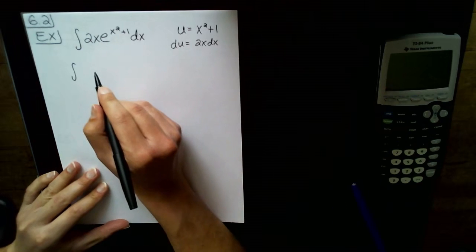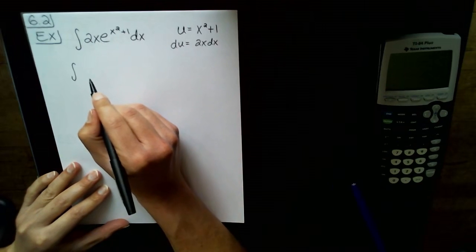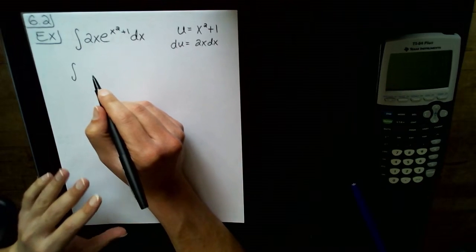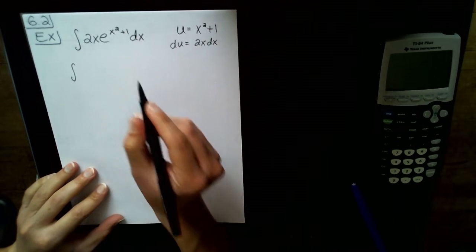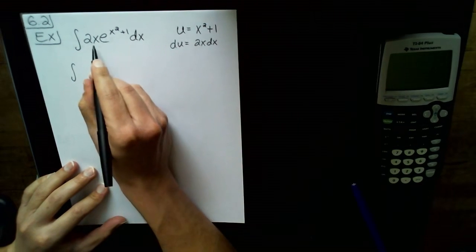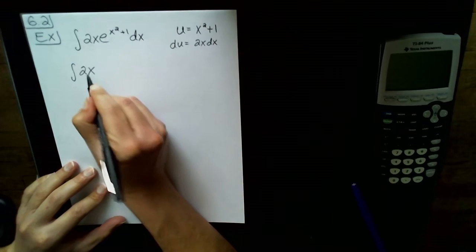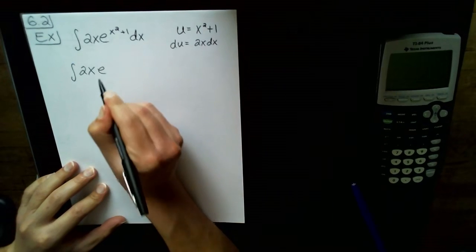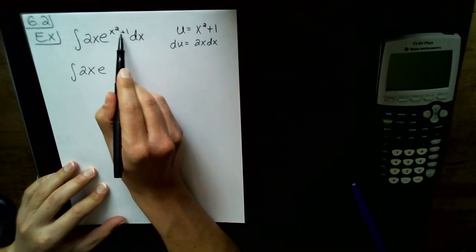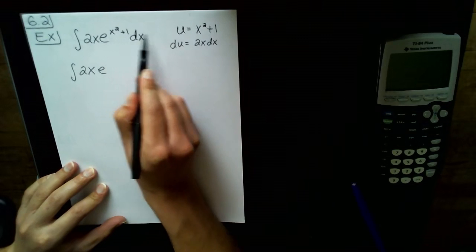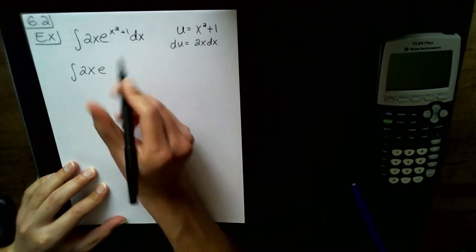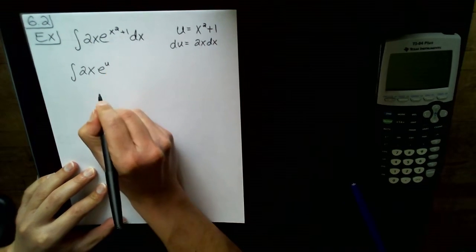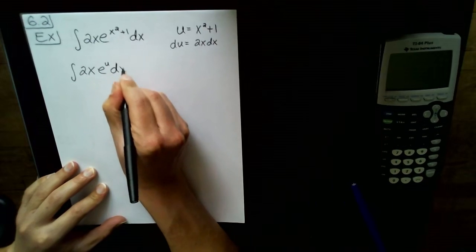I'm going to substitute it one step at a time. As you get further along in these problems, you'll be able to do it all in one step. But just to make it make more sense, we have the integral of 2x e to the x squared plus 1, we said was u. So we get e to the u dx.